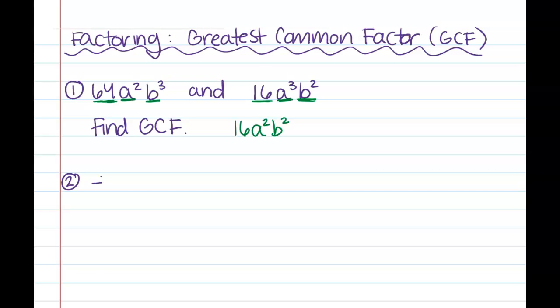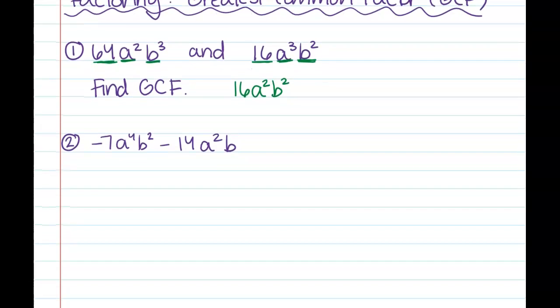So if we have negative 7a to the 4th b squared minus 14a squared b, we're going to find the GCF and rewrite in factored form. We have numbers, a's and b's again. As far as numbers, negative 7 and negative 14, we can divide both by 7.